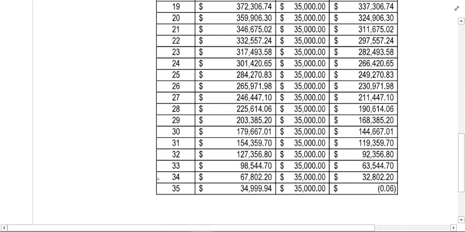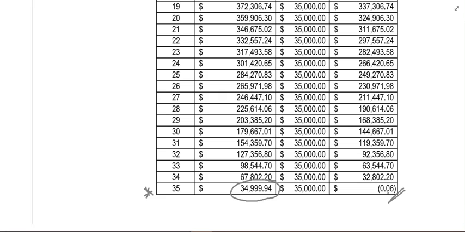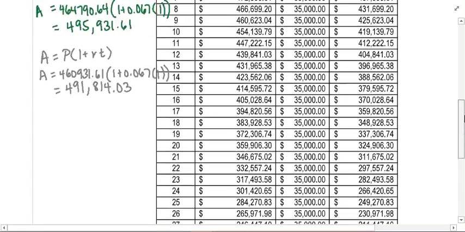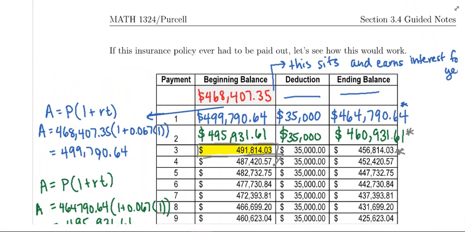And when it comes time for the last payment, it's got just enough in there. It's 6 cents short, but due to rounding, it's got just enough in there to make that last payment, and then you make that last payment and you've zeroed out the account. And again, we're short by 6 cents, but that's not too big of a deal in the grand scheme of things.